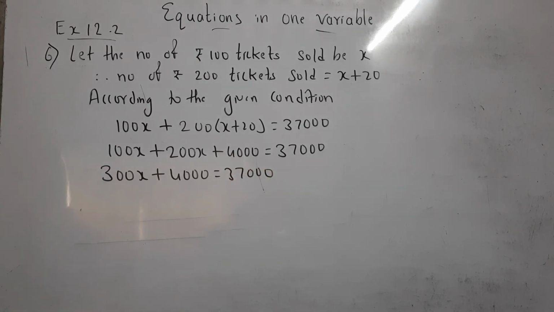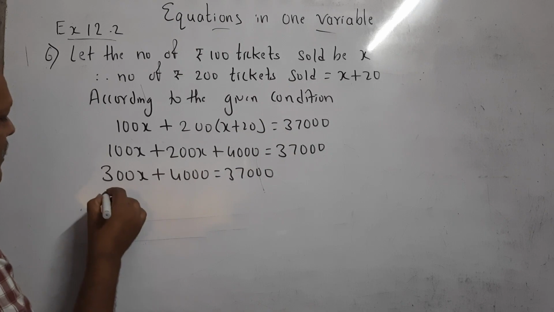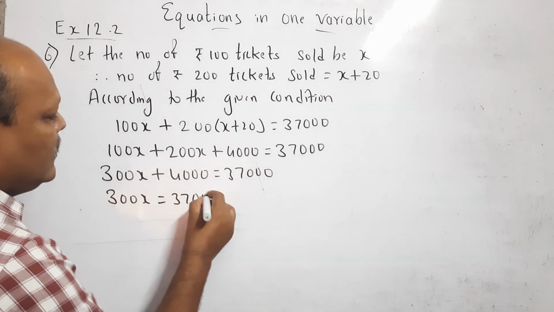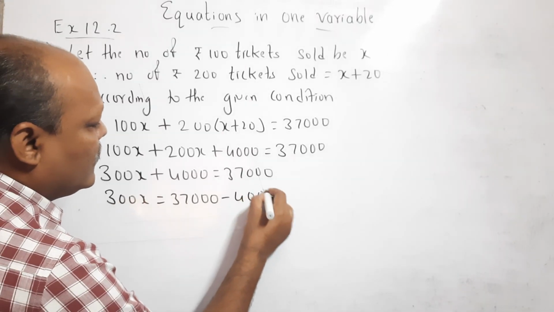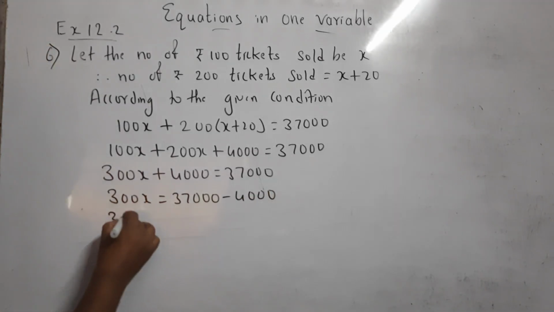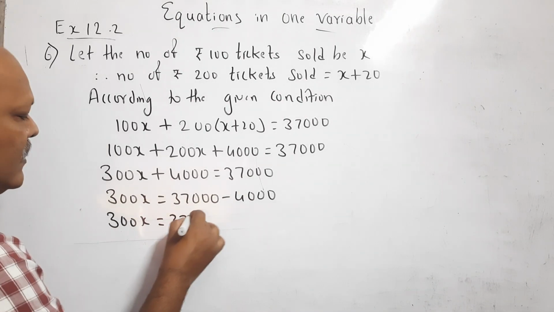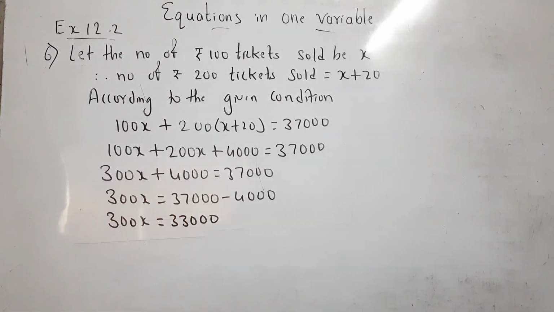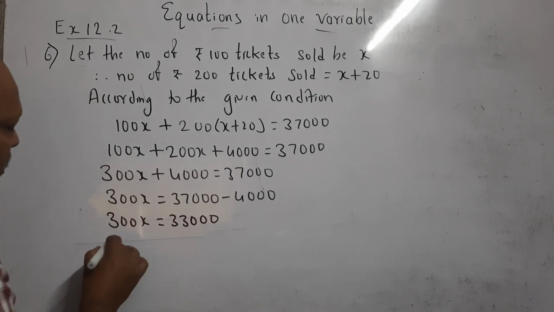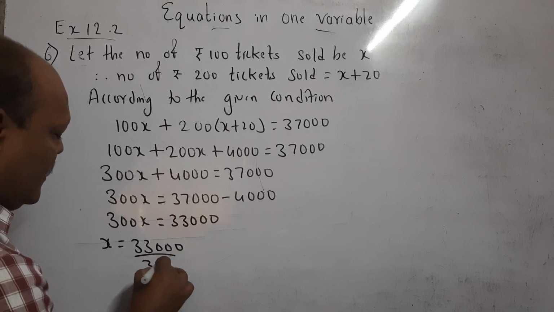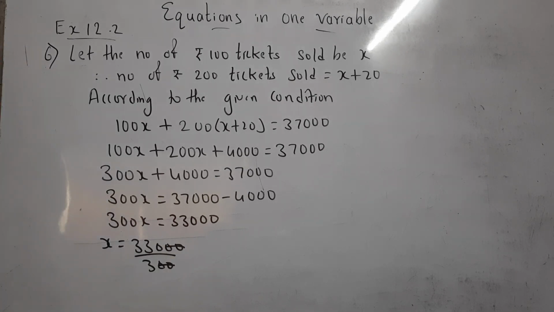Take the 4,000 to the other side, so 300x is equal to 37,000 minus 4,000. We subtract both, and we will get 33,000. 300 will come down, x is equal to 33,000 upon 300. 2 zeros cancel, 3 elevens are 33, so x is equal to 110.